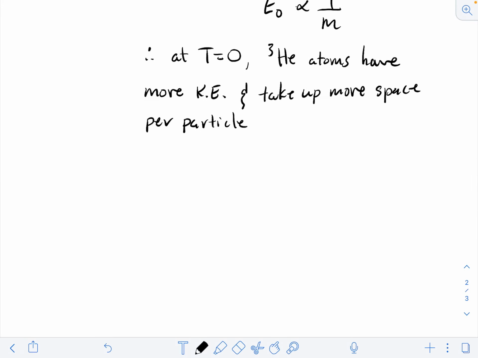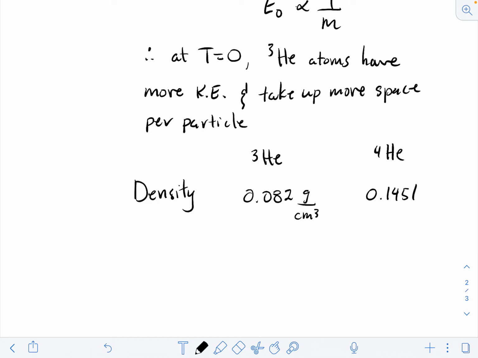Just as a way to verify that concept, if we write down the density of liquid helium-3, it's 0.082 grams per centimeter cubed, and for helium-4, it's 0.1451. So it's almost a factor of 2, not quite, but the helium-3 is less dense because each of the individual atoms takes up more space.